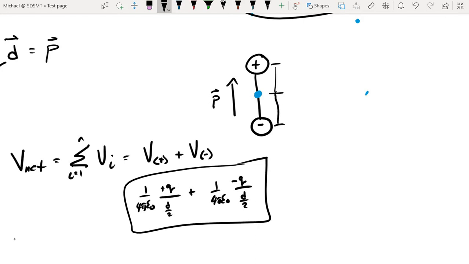When we put those together, we get a net electric potential of 0.